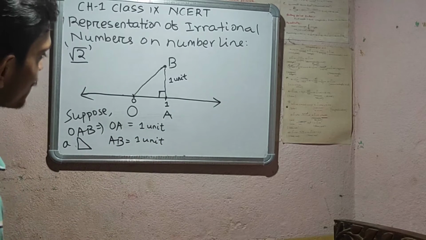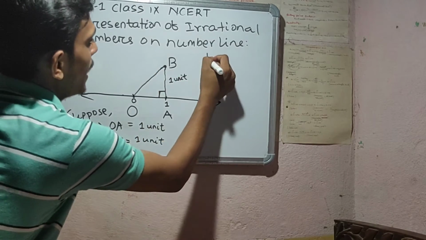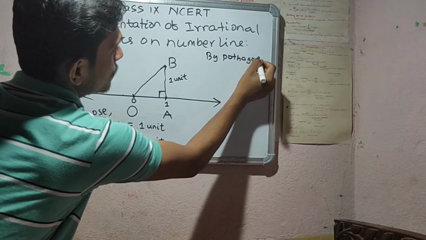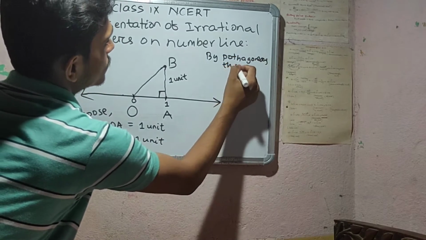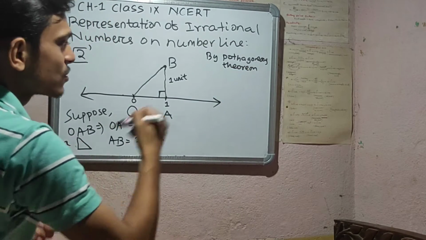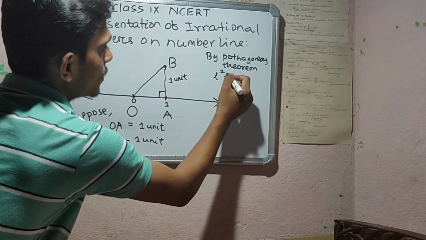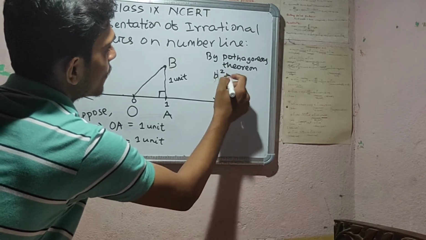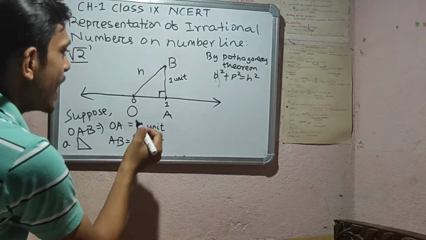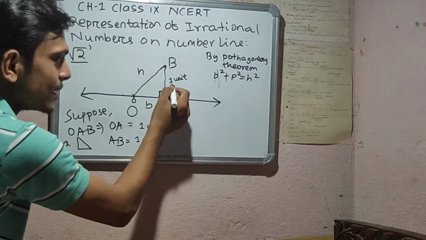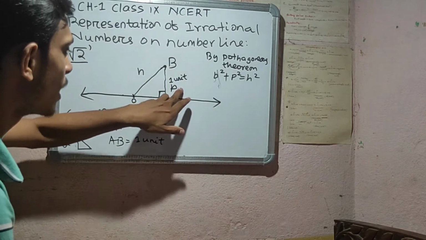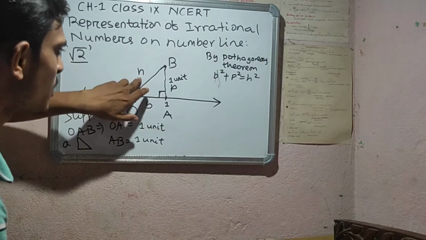Then by the Pythagorean theorem, which we already know: the base square plus the perpendicular square equals the hypotenuse square. Here this is h, this is b, and this is p. So this is perpendicular, this is base, and this is hypotenuse, because this is a right angle triangle.